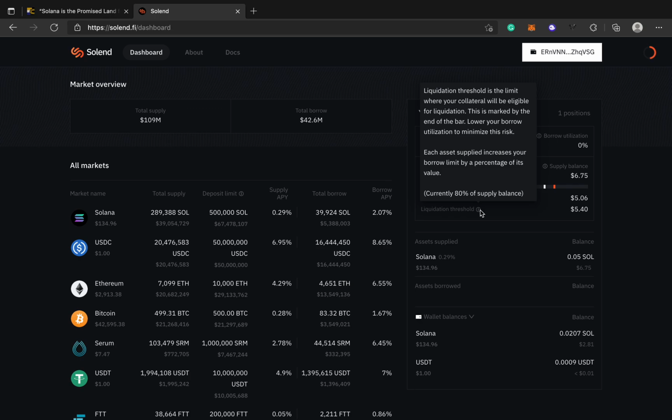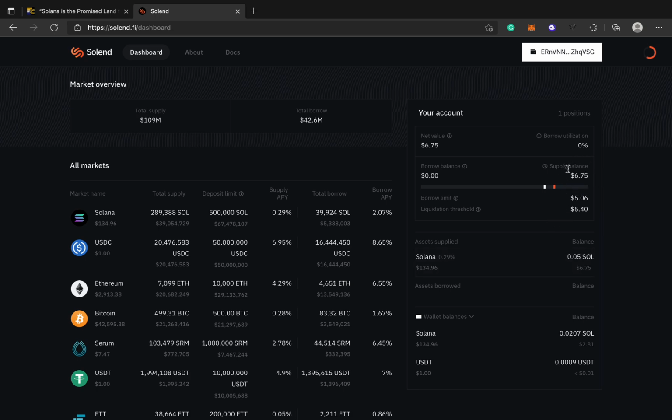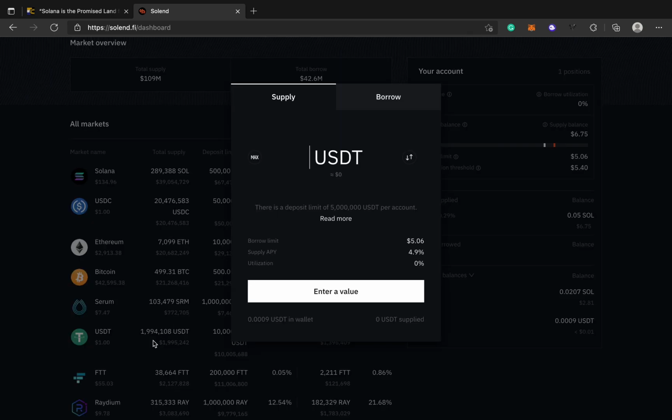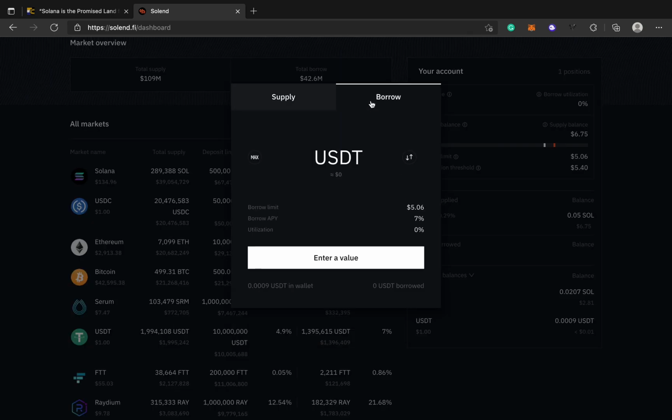Each asset supplied increases your borrow limit by a percentage of its value. So since I've supplied $6.75, it shows you assets supplied here, and it shows you wallet balances. So I could simply say, okay, I want to borrow USDT. I click on borrow here, and then I would say maybe I want to borrow $2.